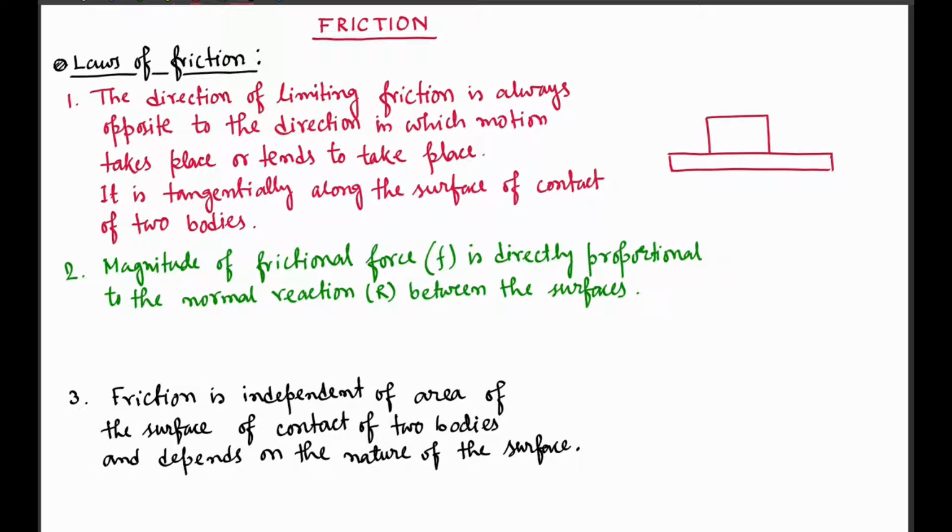Now, a force is applied on the body to move the body towards right. Therefore, the friction acts tangentially in between these two surfaces and it is directed opposite to the motion of the body.